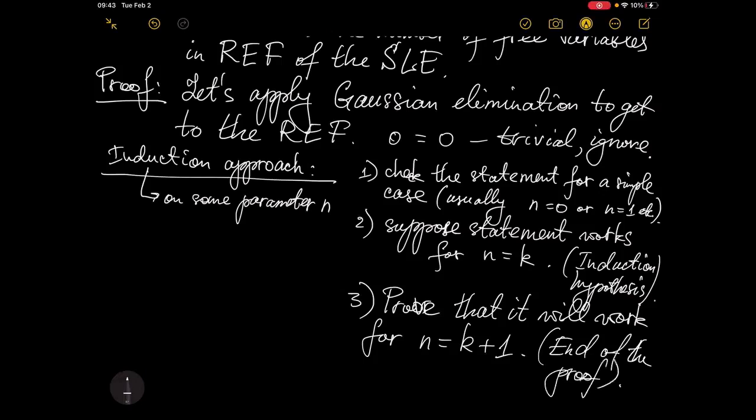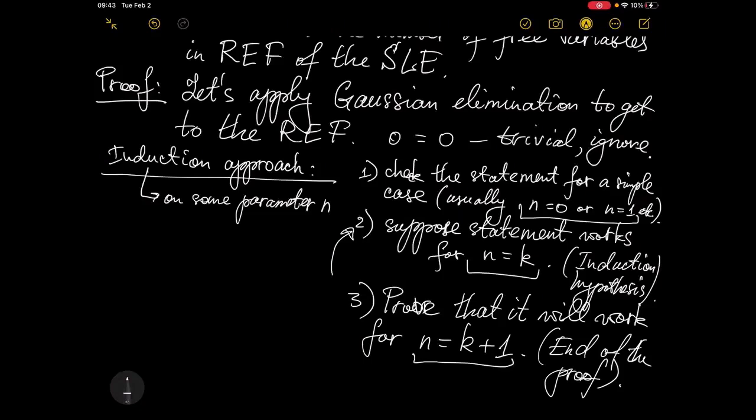Why is it the end of the proof? Because we have some base case to start from, n equal to 0 or n equal to 1 or some other simple case where we can just check that our statement works. Then we suppose that it works for n equal to k, and we use algebra and logic and this hypothesis to prove that it will work for k plus 1.